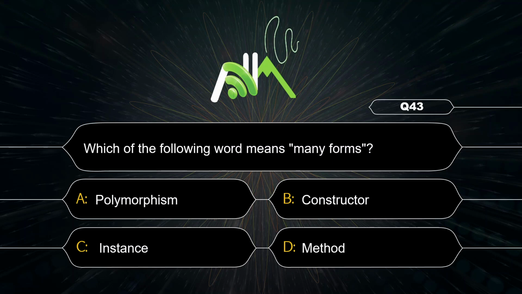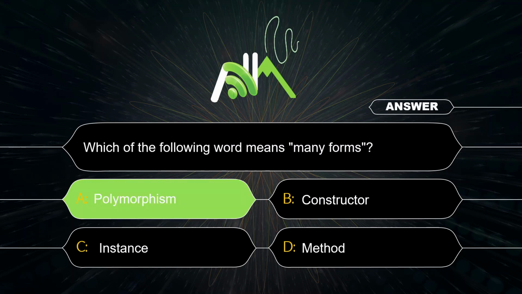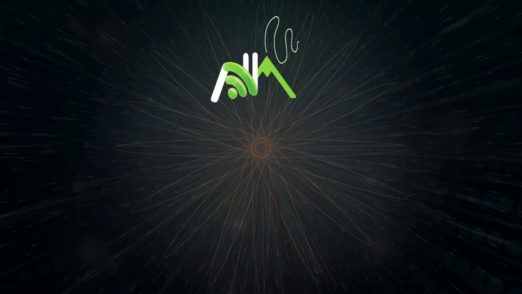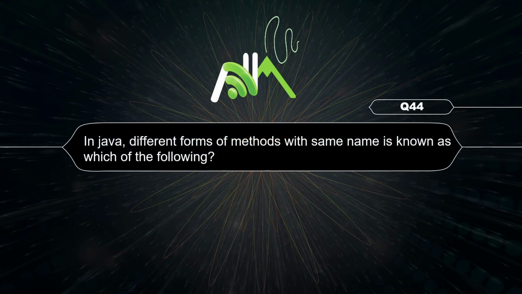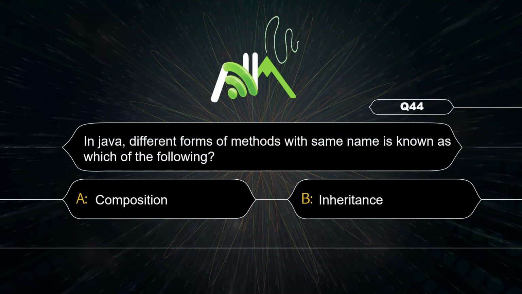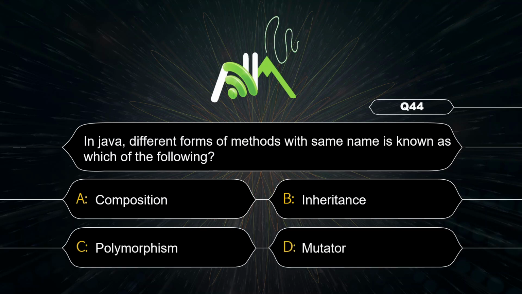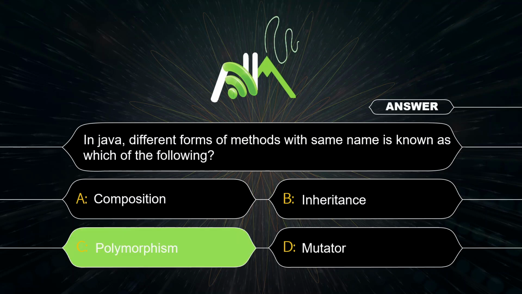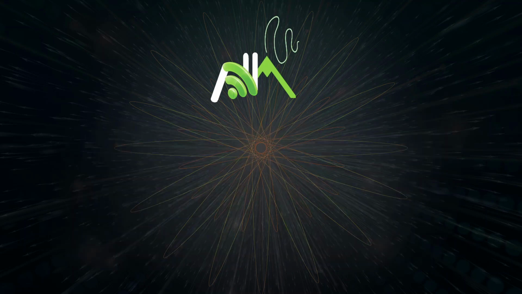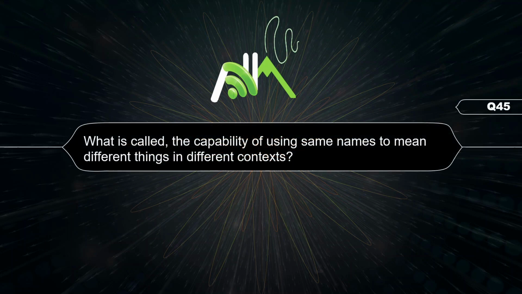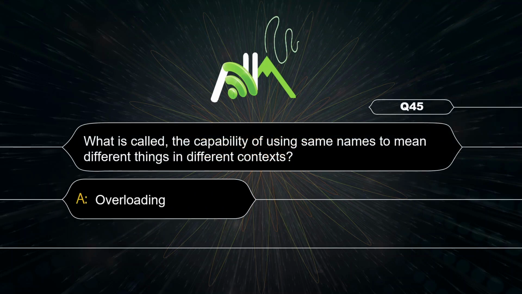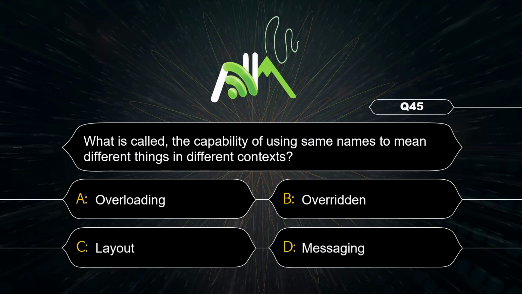Many forms means polymorphism. Option A. Different forms of a method with the same name is known as polymorphism. Option C. The capability of using the same name to mean different things in different contexts, that is overloading.